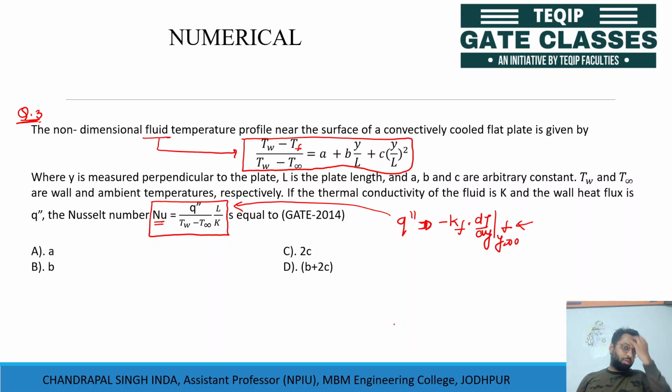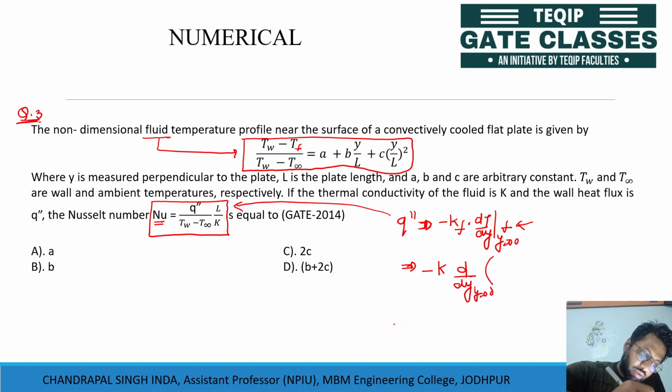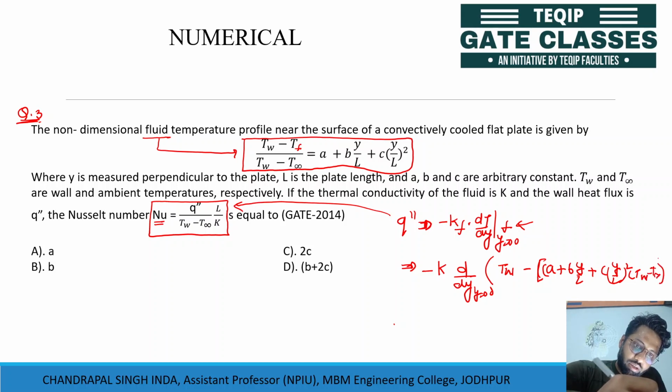Let's find the value of q double dot. Minus Kf, the conductivity of fluid, is given as K, and dT by dy at y equal to 0, where Tf is T wall minus (A plus B y by L plus C y by L square) multiplied by (T wall minus T infinity).